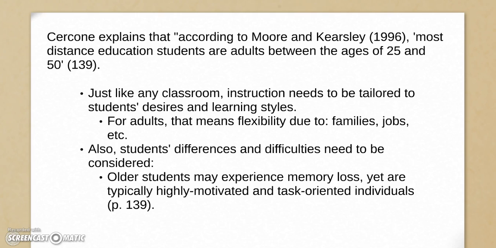Because they have families, they have jobs, they have other responsibilities that college students or younger students may not have. So it's important to focus on these differences and possible difficulties so that you can create a tailored environment for adult learners. For instance, it's interesting to point out, older students may experience memory loss, yet are typically highly motivated and task-oriented individuals.